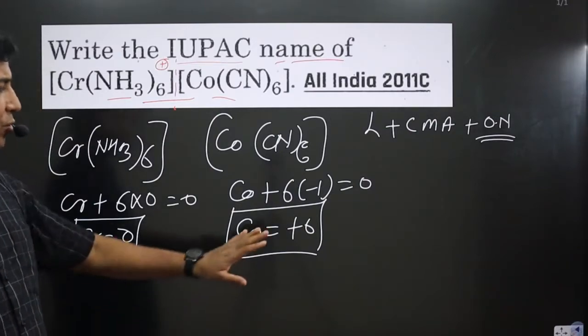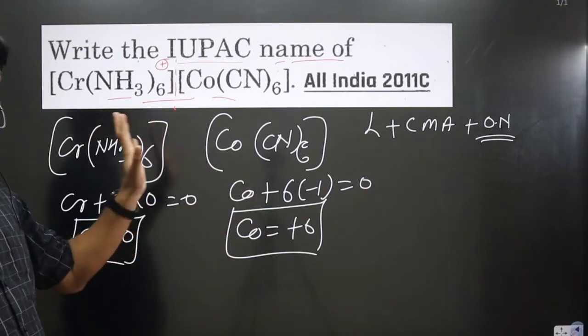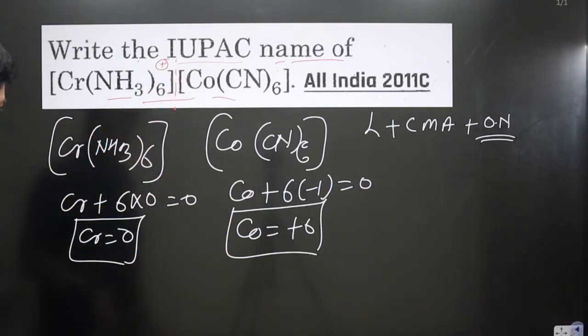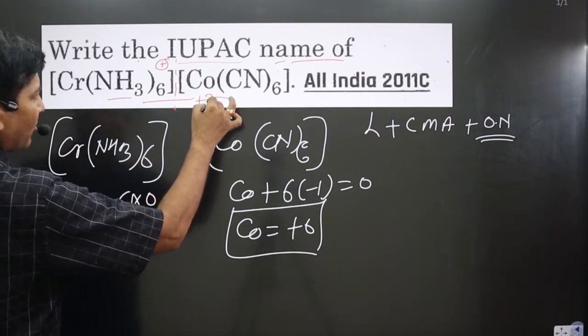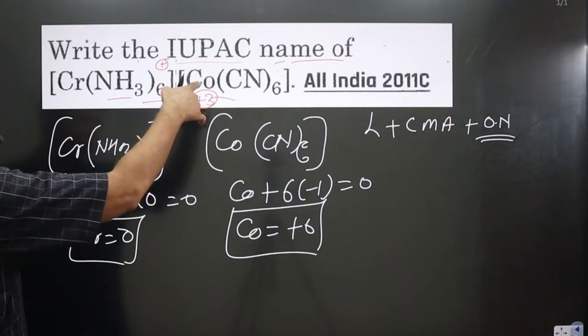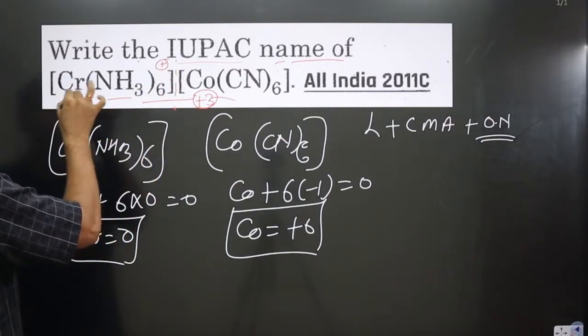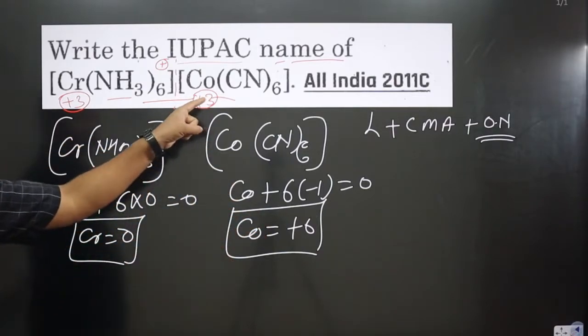So we do one thing, we equally distribute the oxidation number. I take it plus 3 oxidation number of cobalt, since it is a dinuclear complex. So plus 3 I consider for this cobalt and plus 3 I consider for the chromium. So the overall oxidation number will be plus 6, plus 3 and plus 3.